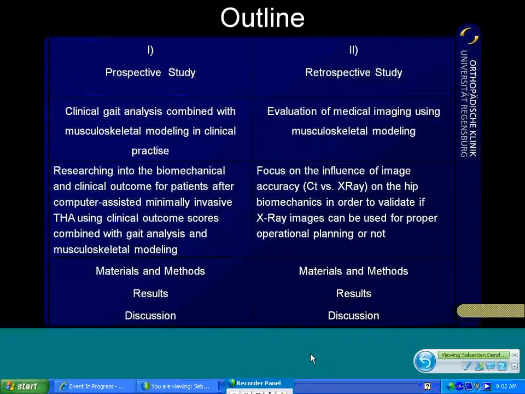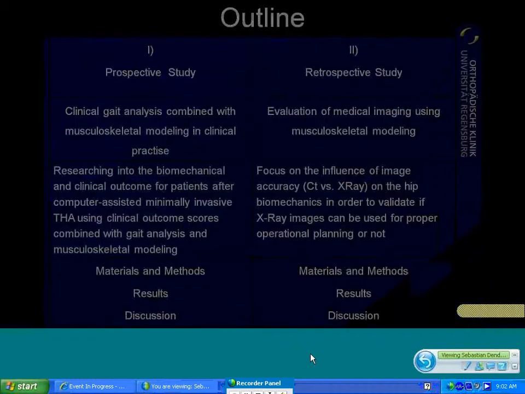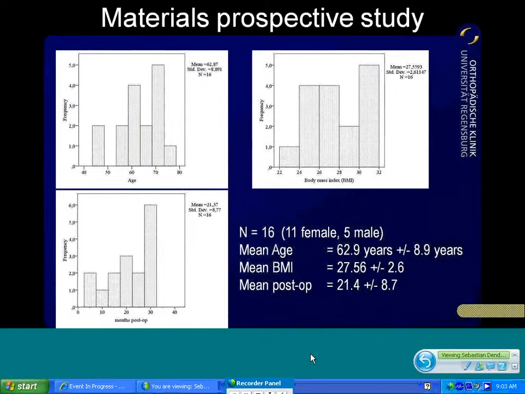So, first, I give you an overview about the patient collective that we examined in this study. Here you can see three diagrams. On the upper left side, you can see the distribution of age of the patients. On the upper right-hand side, you can see the distribution of patients in terms of body mass index.